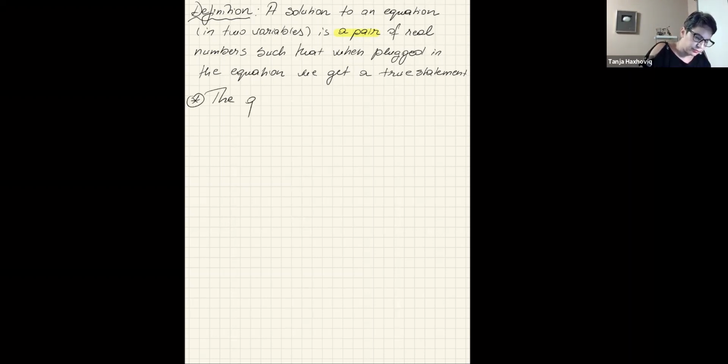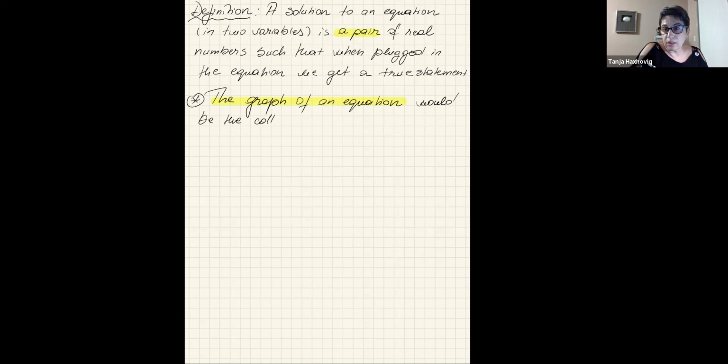All right, so what do we mean by the graph of an equation? The graph of an equation would be the collection of all points. Not necessarily only one pair will turn the equation into a true statement; in fact, there could be infinitely many such pairs.